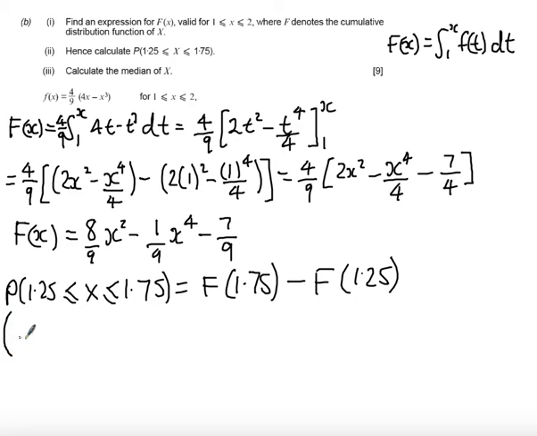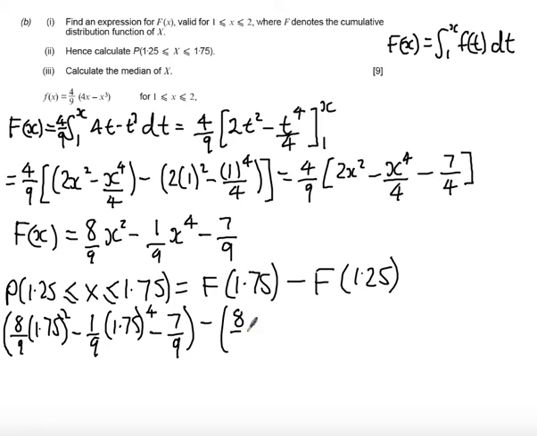So just to show my working, we get 8 over 9 times 1.75 squared, minus 1/9 times 1.75 to the power of 4, minus 7/9, and then this is going to be taken away, 8/9 of 1.25 squared, minus 1/9 of 1.25 to the power of 4, and minus 7/9 again.